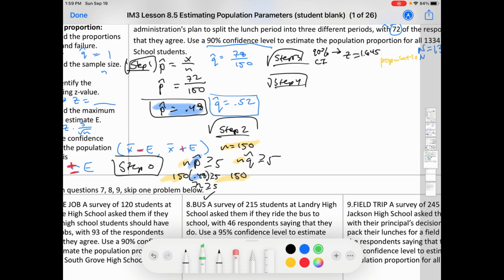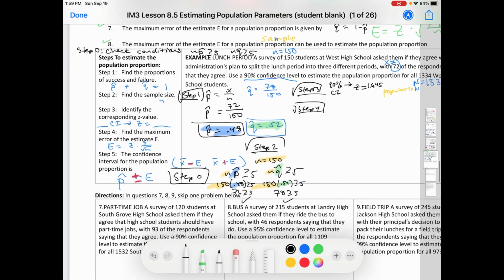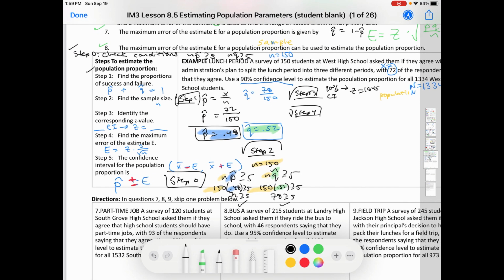Okay, q hat, 0.52, greater than or equal to 5. 150 times 0.52 gives me 78. 78 is greater than or equal to 5, and that is also true. So step 0, we've met these conditions. Step 0 is check conditions. Okay, so we did step 0, step 1, step 2, step 3.